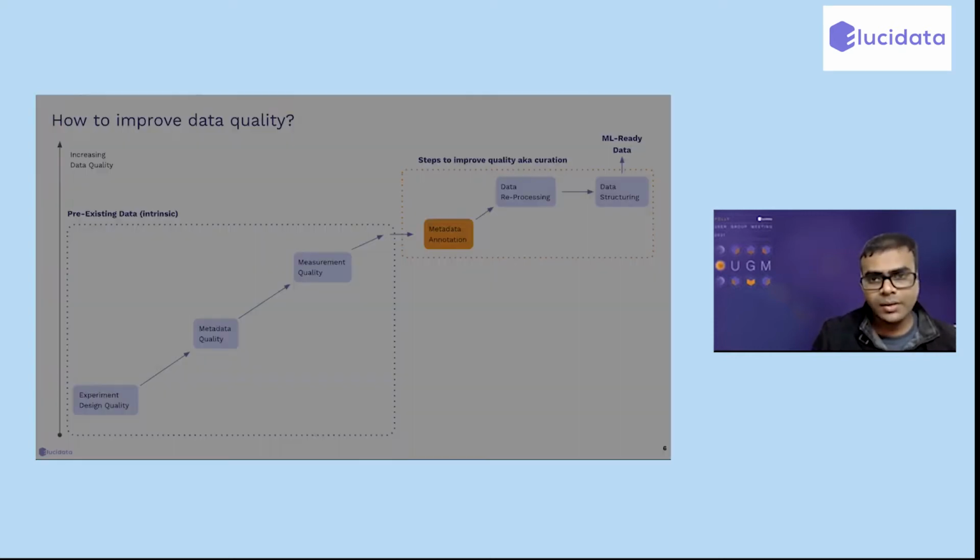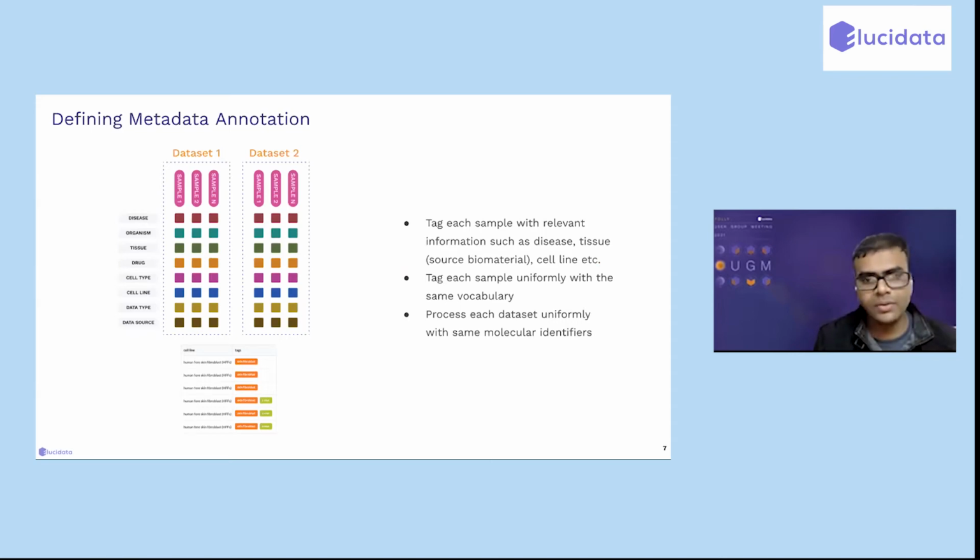So that brings us to what we mean by metadata annotation. It is simply annotating different kinds of metadata in different data sets using the same molecular identifiers, using the same vocabulary, and tagging each sample with the relevant information. One example is that here we are tagging each of these cell lines with a skin fibroblast cell type tag, which is coming from the CL ontology, and other tags as well.